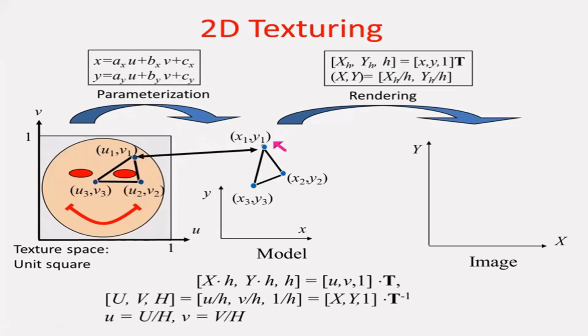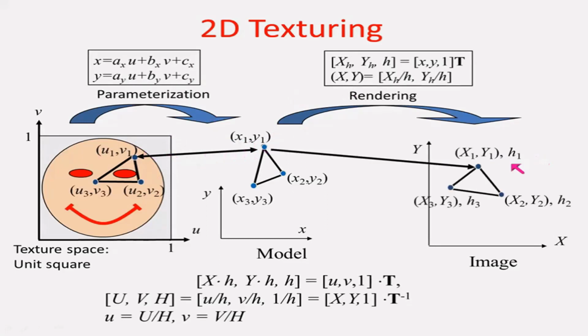Screen space coordinates, on the other hand, are obtained with affine, or to be more general, with homogeneous linear transformation from model space coordinates x and y. Thus, mapping between the texture space and screen space is also a homogeneous linear transformation.